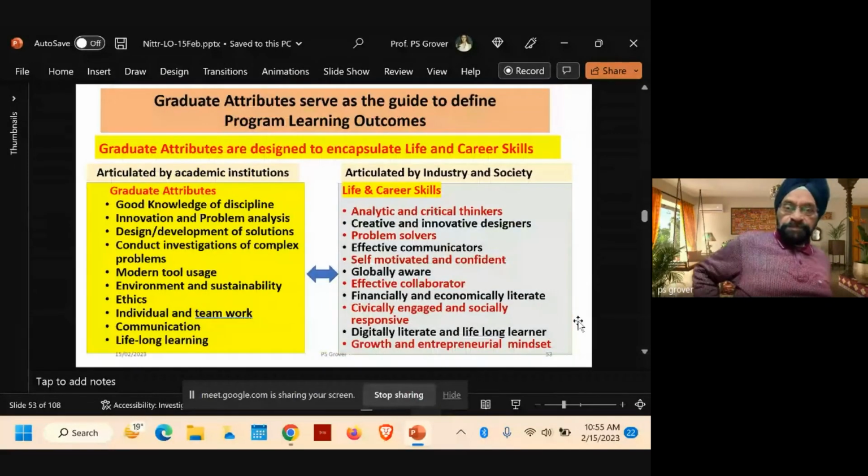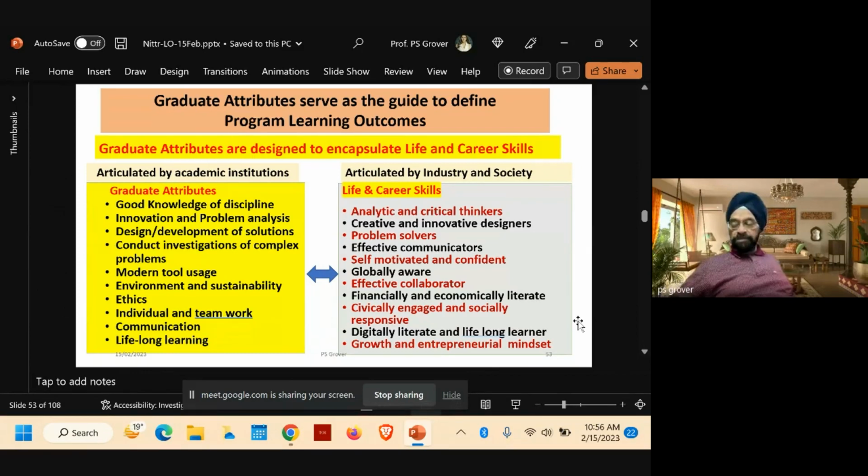In order to achieve these things, how do I design them? How do I formulate them? See, Bloom's taxonomy has given a process of designing them. But what should be the component of that? What should be the goal of that? Now just look at this. Outcome-based education says define graduate attributes.